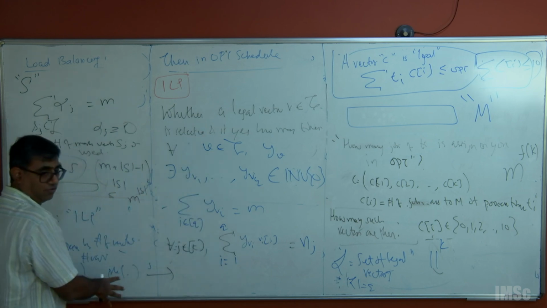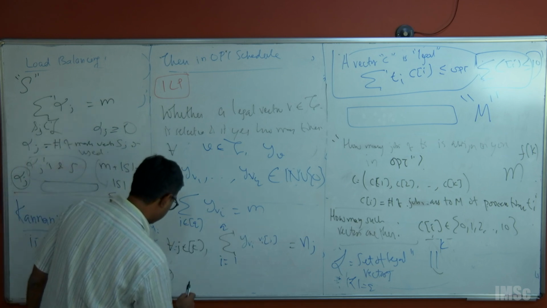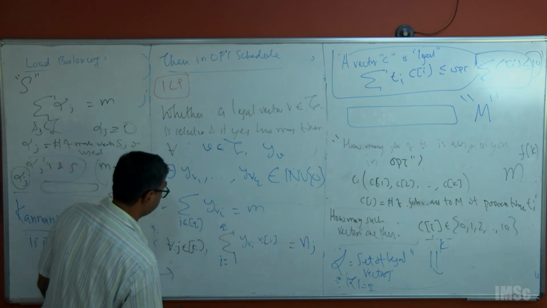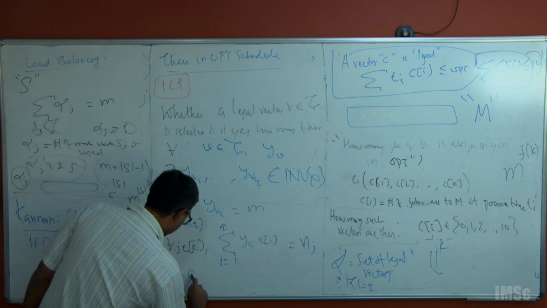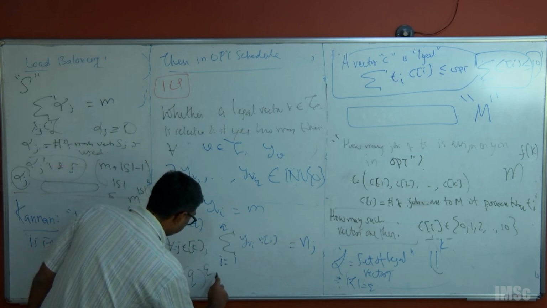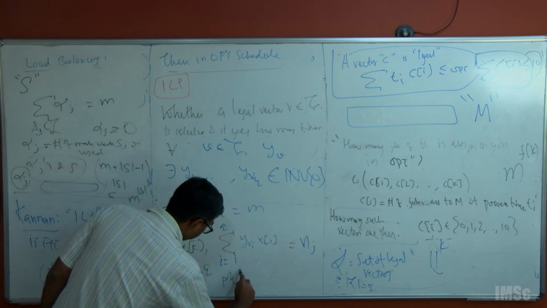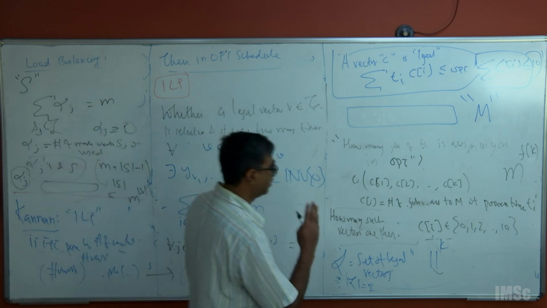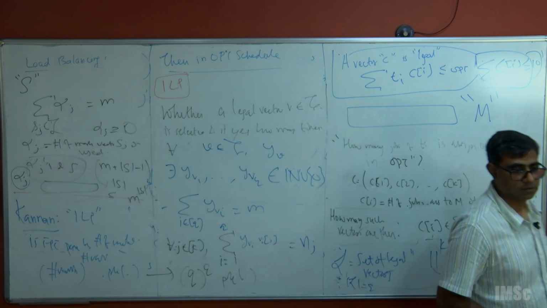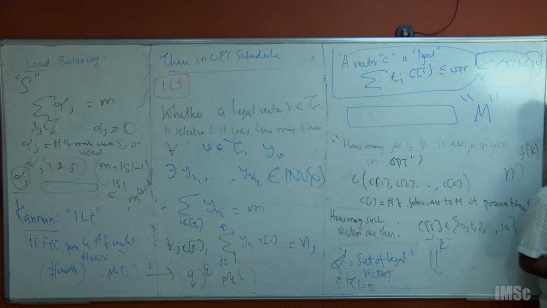Of course, this I can't teach you, I do not even know how to do this. It is like q to the power q and some polynomial factor. So, this is an FPT algorithm in the number of legal vectors. Okay, excellent.